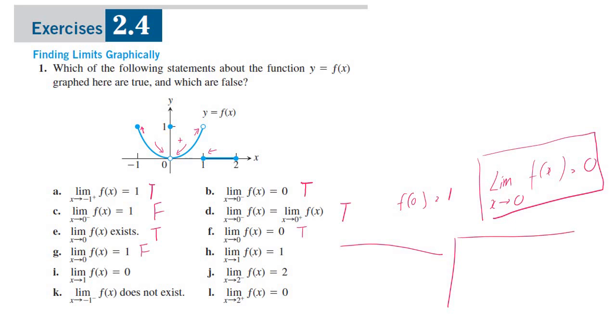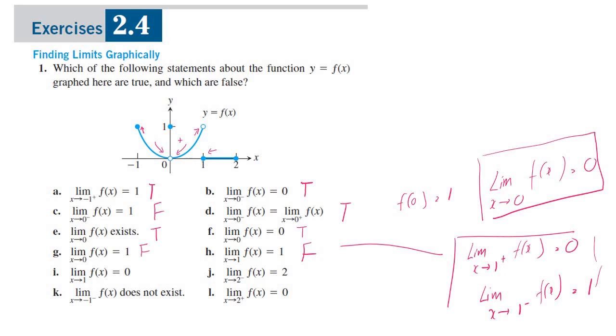The limit as x tends to 1 from the positive side of f(x) is equal to 0. The limit as x tends to 1 from the negative side of f(x) is equal to 1. These two are not equal, so this is false.